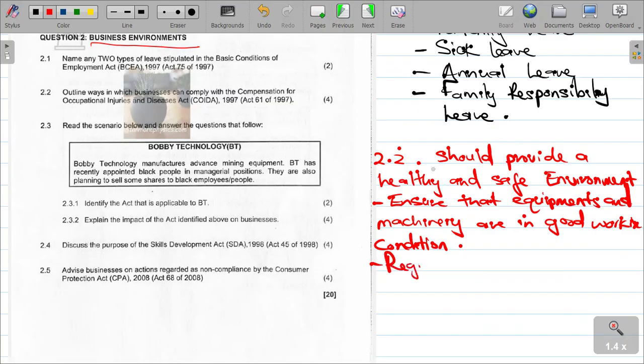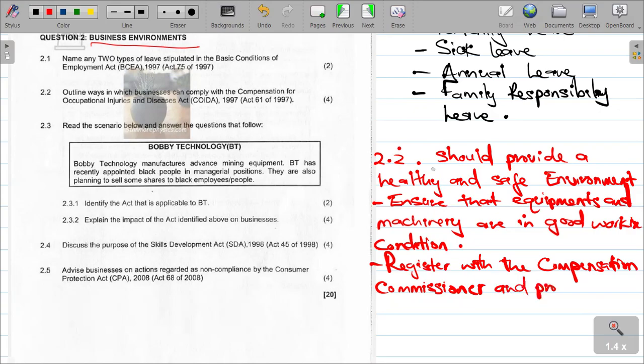The business has to register and provide the particulars of the business.